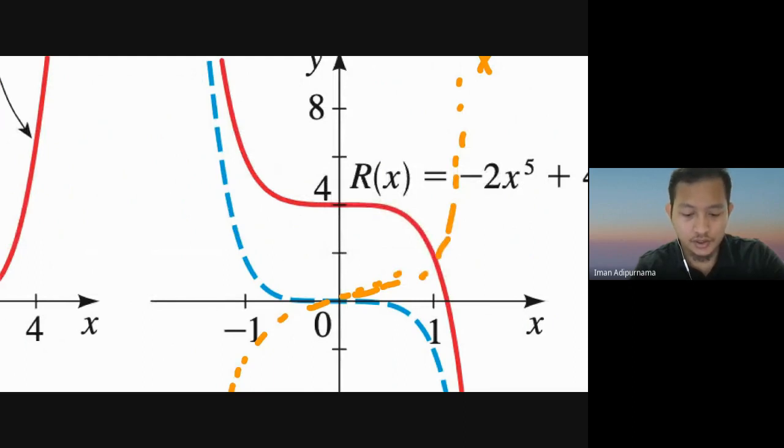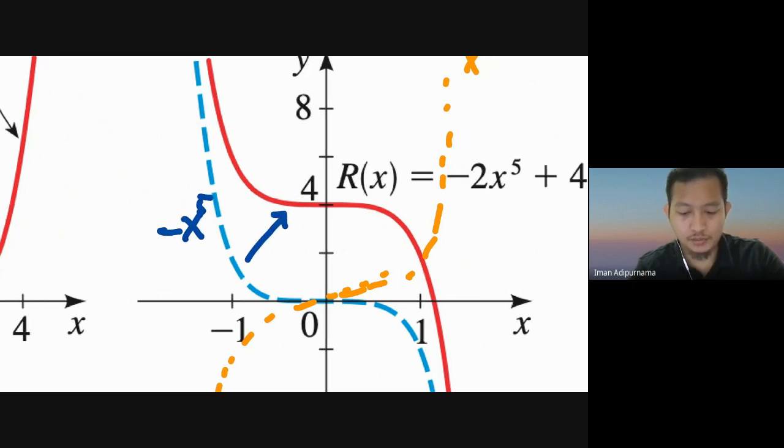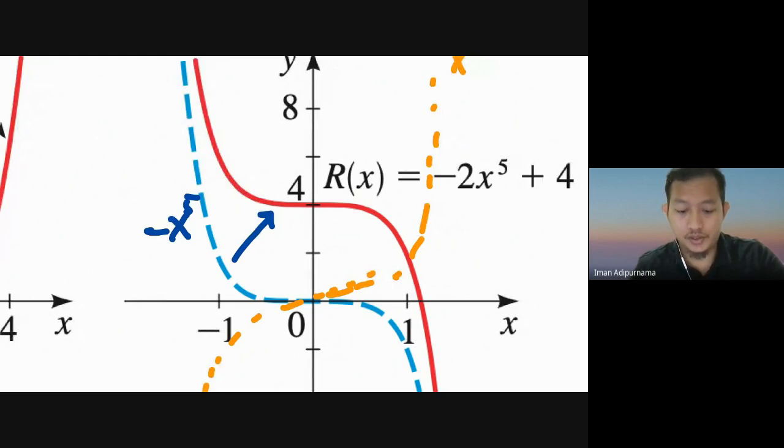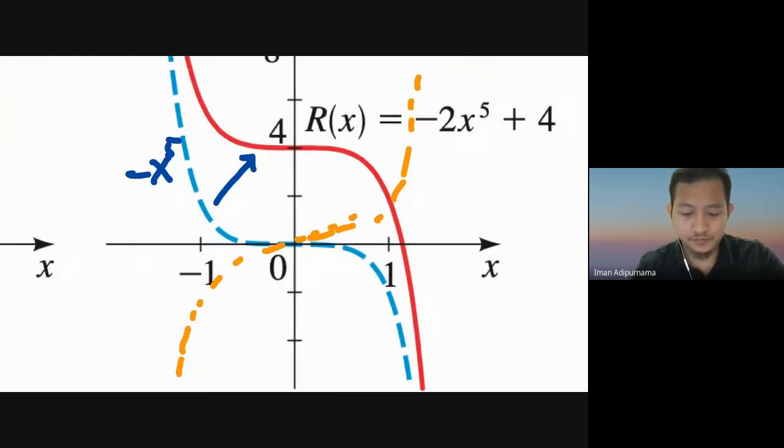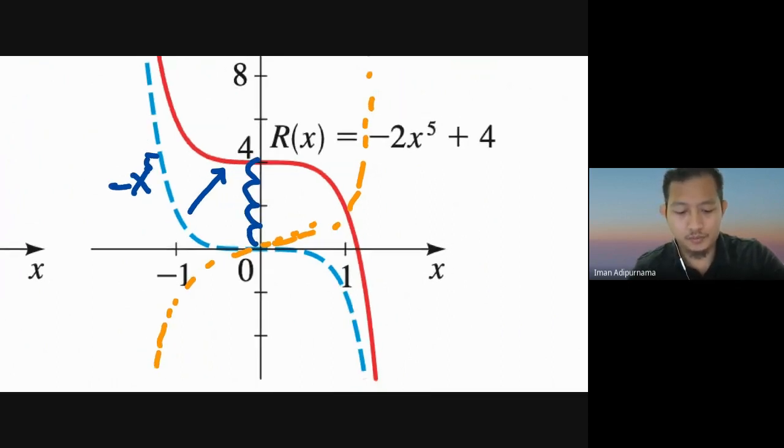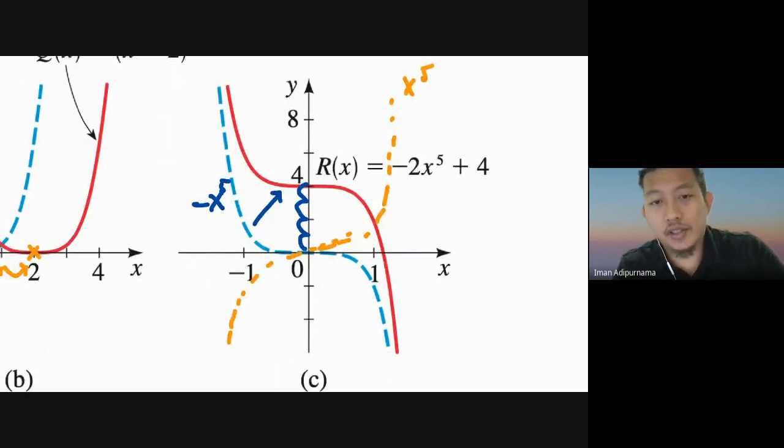So from the original, minus x to the 5, multiplied by 2, it becomes the red color, and then plus 4. So it's going to go 1, 2, 3, 4. Okay. It's plus 4. So all the transformations you have learned before, you can also apply to other polynomials.